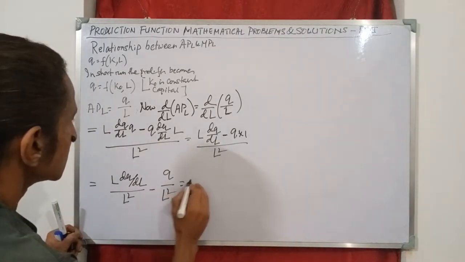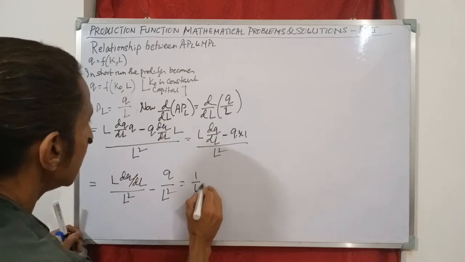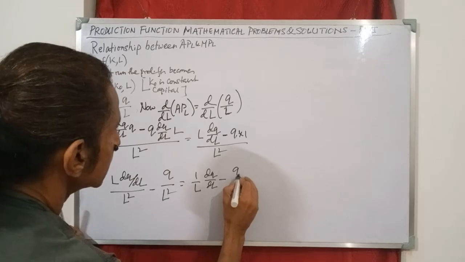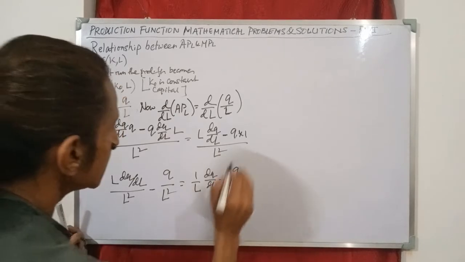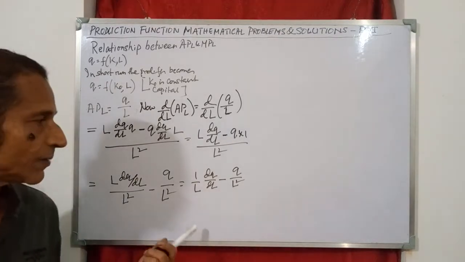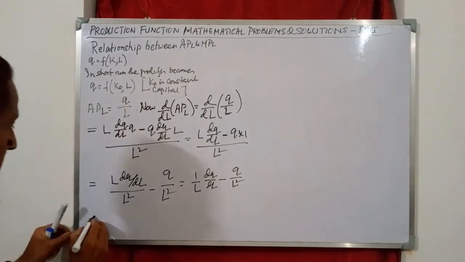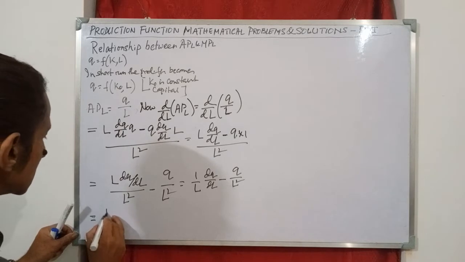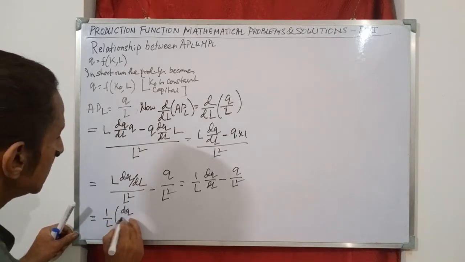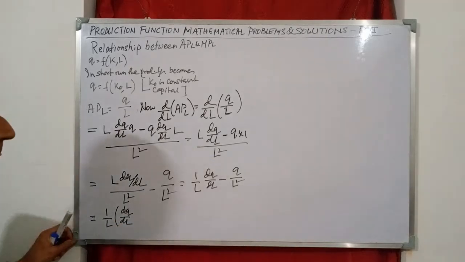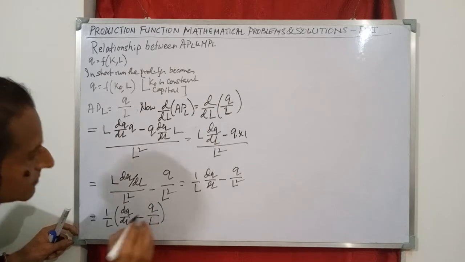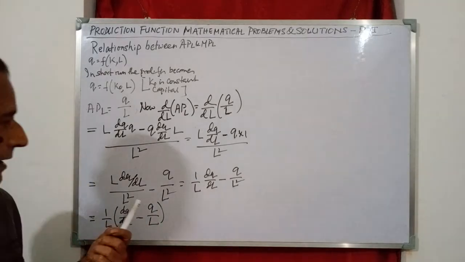This becomes 1 by L dQ/dL minus Q by L square. Now we take 1 by L common. So this becomes 1 by L [dQ/dL minus Q by L], right?